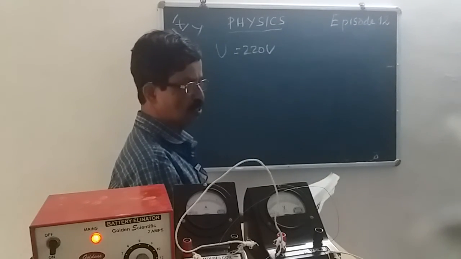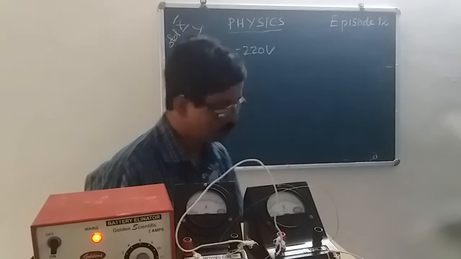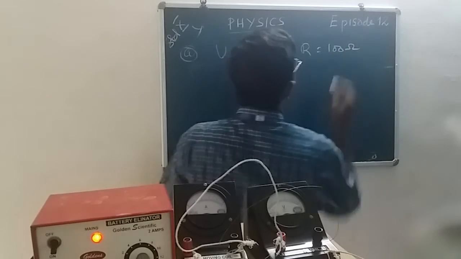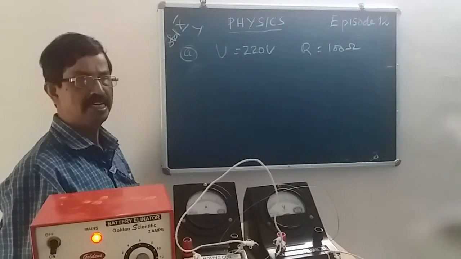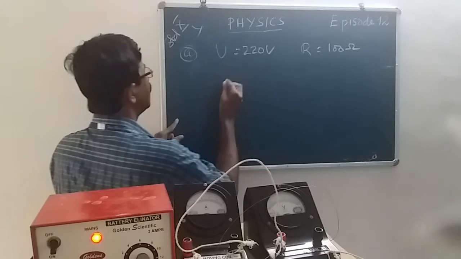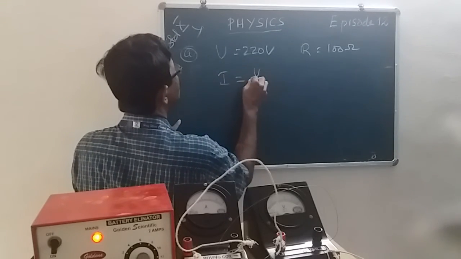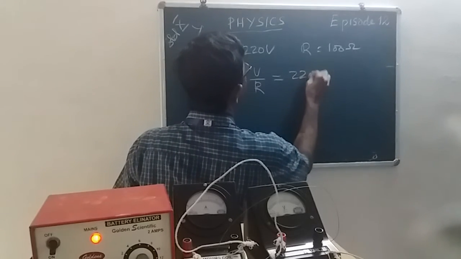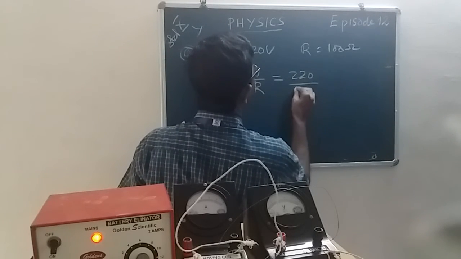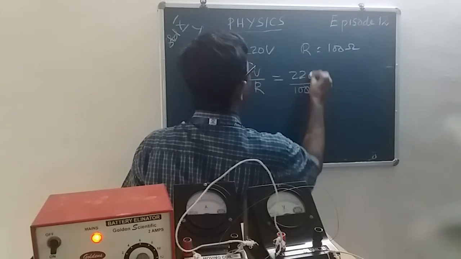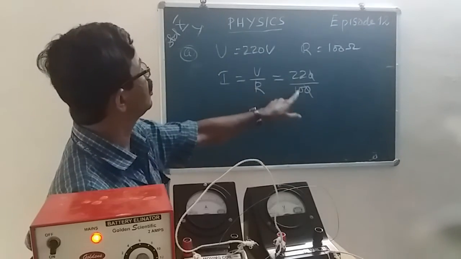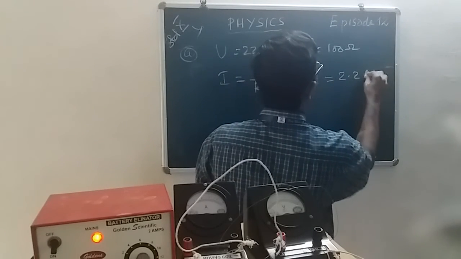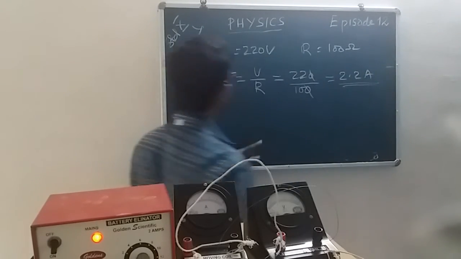If the resistance of the heater coil is 100 ohm, resistance is given. Now we want to find out how much current, that is I is equal to V by R. That is 220 divided by 100. 10 we can cancel. Then 22 divided by 10 is equal to how much? 2.2 ampere.